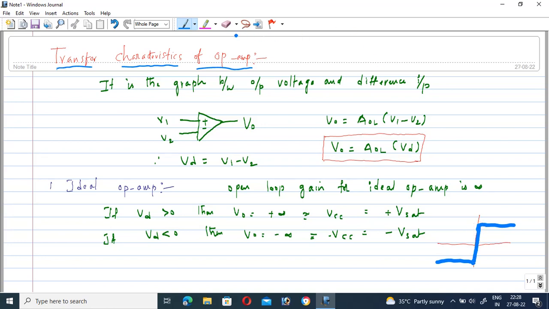These are the ideal characteristics of an operational amplifier. This is the output voltage, plus Vsat and minus Vsat.